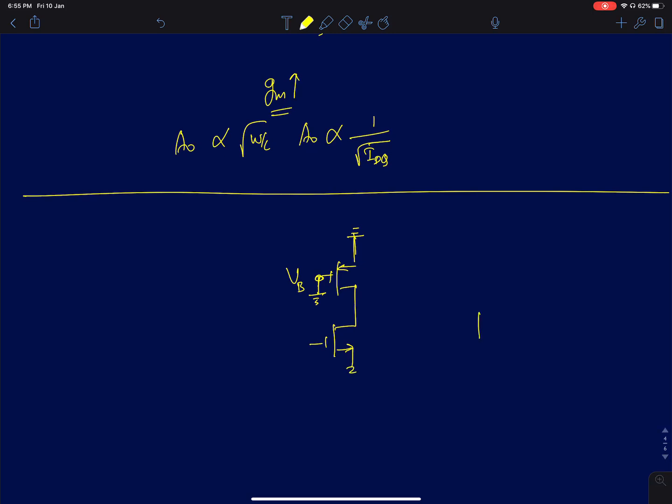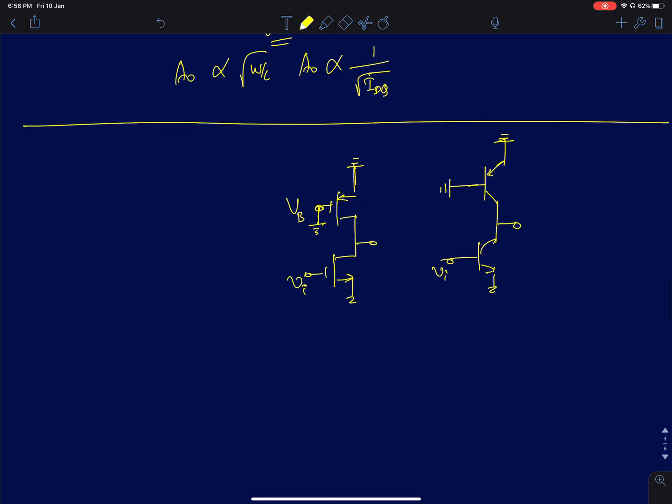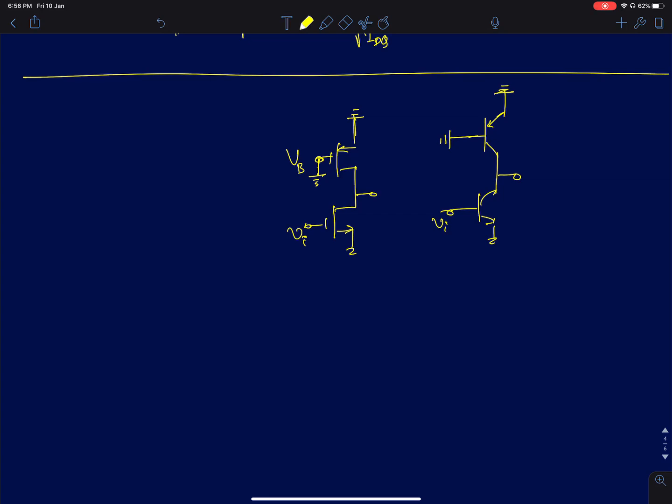And similarly for a BJT, bipolar junction transistor, you can have a PNP transistor load. Again, this is AC ground, emitter and base are at AC ground. Why are we interested in finding the intrinsic gain? This is something you will encounter, especially when you have a multi-stage amplifier. The intermediate stages might contain stages like this.